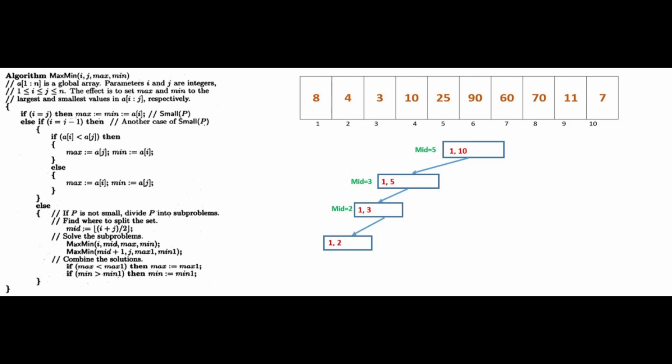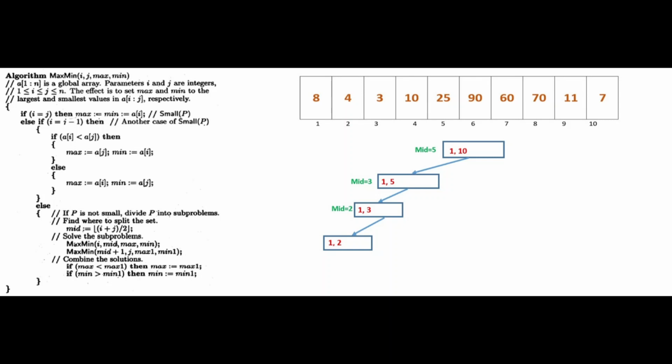We have to find which is the largest element and which is the smallest element. The largest element is assigned to variable max and the smallest element is assigned to variable min. Here a of I less than a of j, a of 1 less than a of 2, the condition is false.